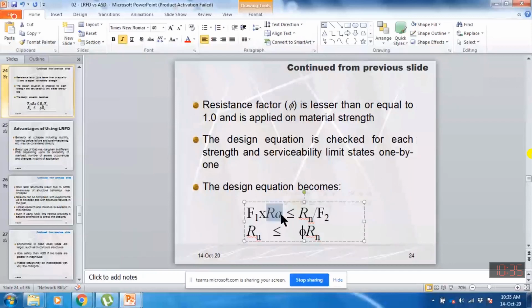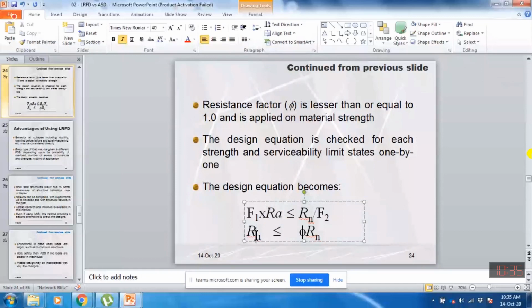When service loads, dead or live, are multiplied with a factor of safety, they are called factored loads and we represent the factored load with a subscript U. And Rn is the nominal moment carrying capacity, meaning without any strength reduction factor.